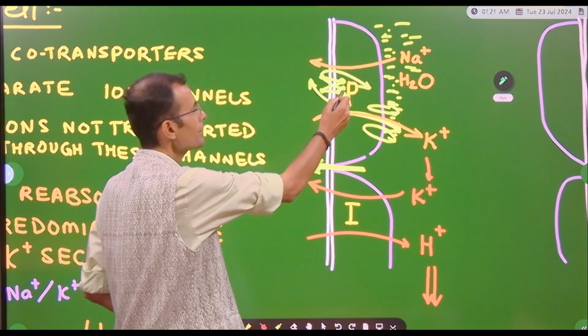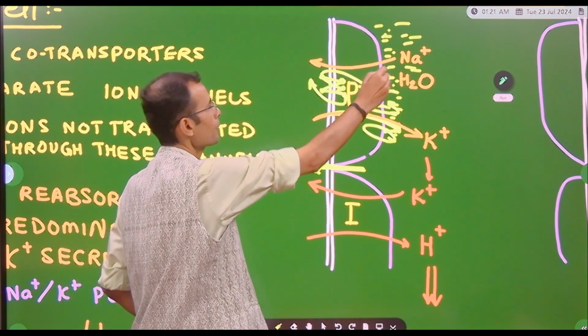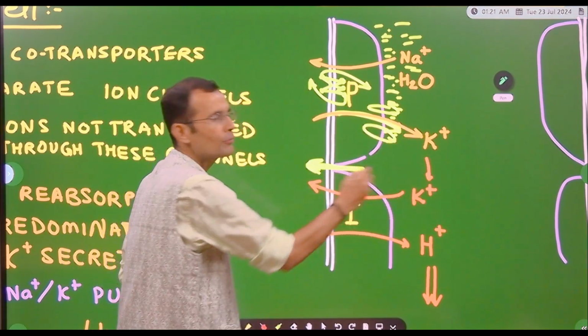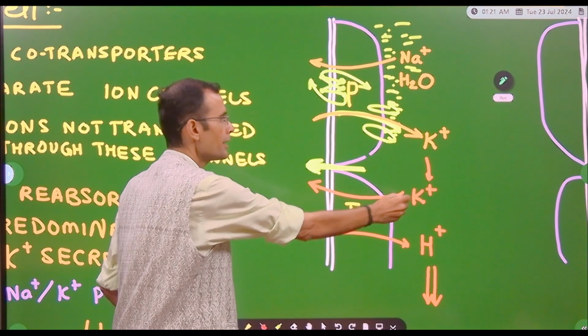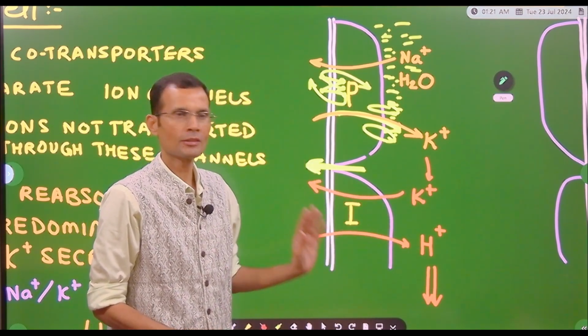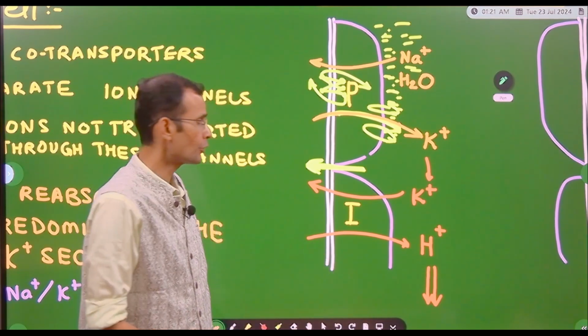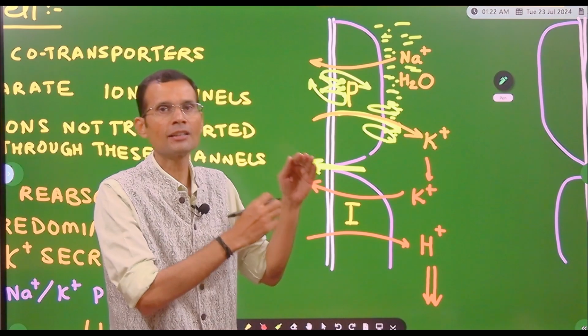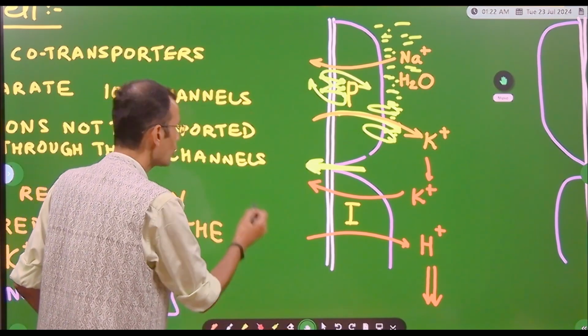So the principal cell reabsorbs sodium and secretes potassium, and then that potassium which is secreted into the lumen can be reabsorbed by the intercalated cell in exchange for the H+, which will be lost into the urine. This is the basic information about the cells in the collecting duct. Let's go into the details.